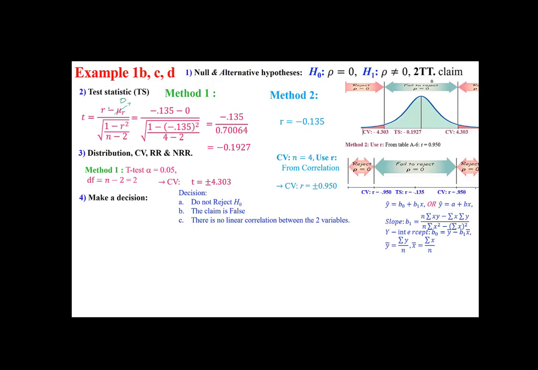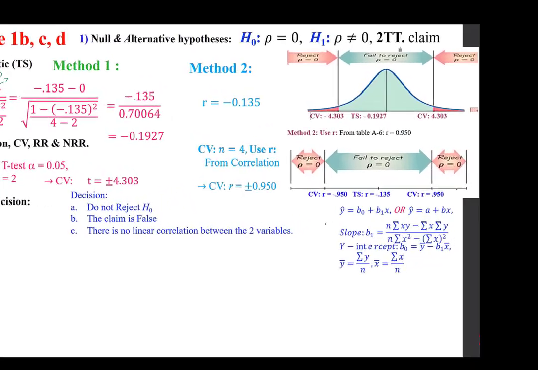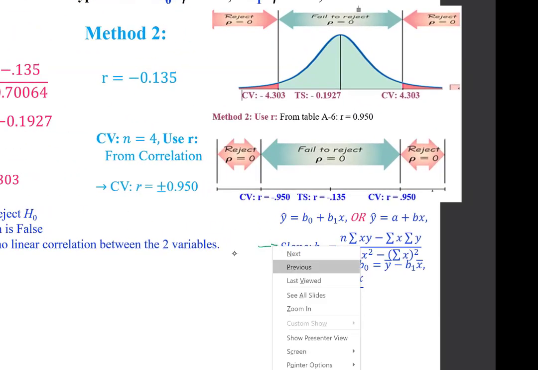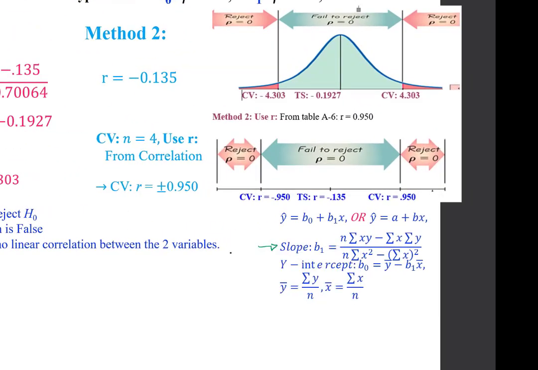So let's look at this formula for the slope. b1 is n times summation of xy. And remember, we have everything we want in this fraction. In the previous page, we've done that. n summation of xy minus summation of x times summation of y over n summation of x squared minus quantity summation of x, squared.